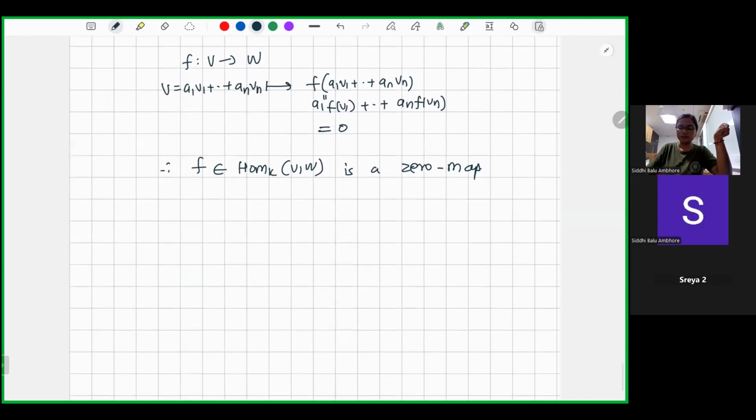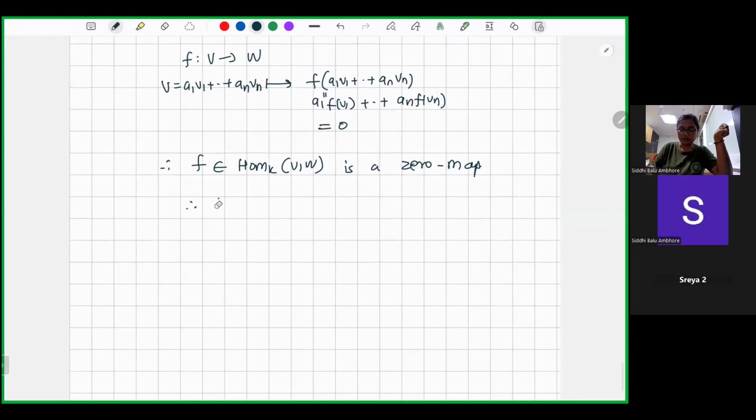Therefore, the kernel of this phi is the 0 map. This 0 here means the 0 map from V to W, that is f from V to W such that f of v is equal to 0 for all v.